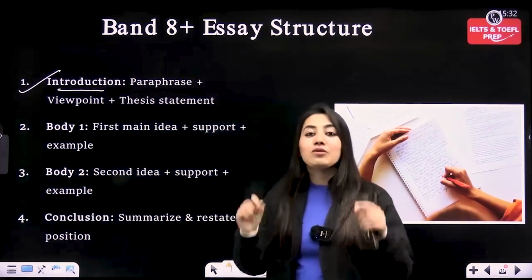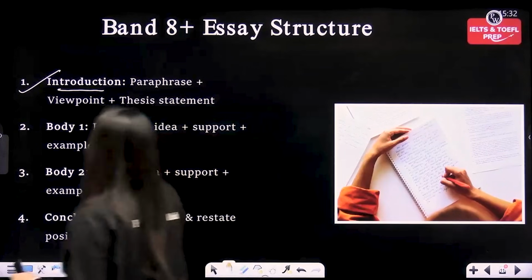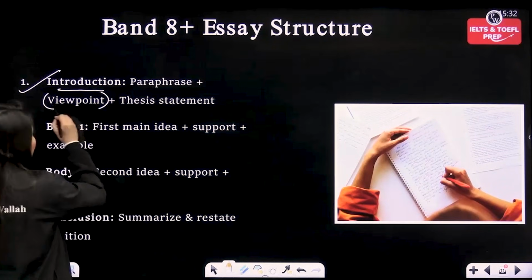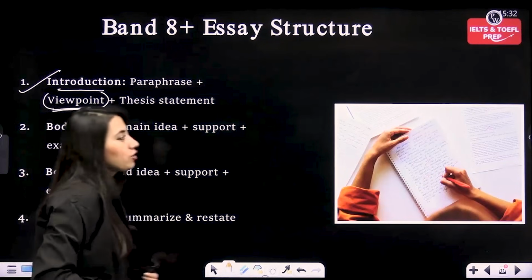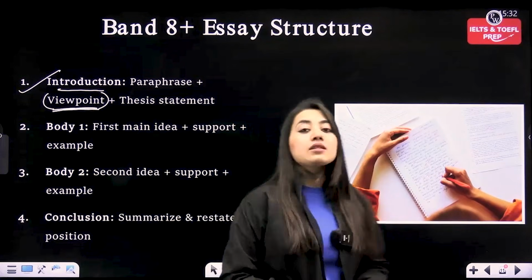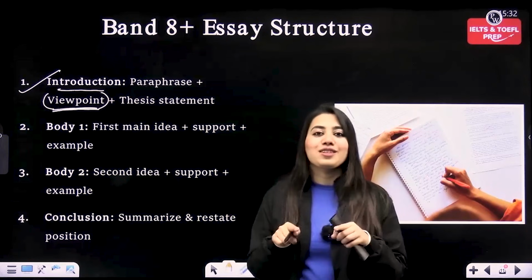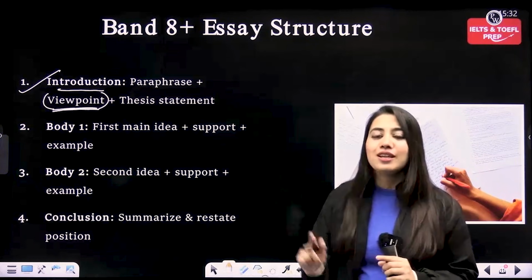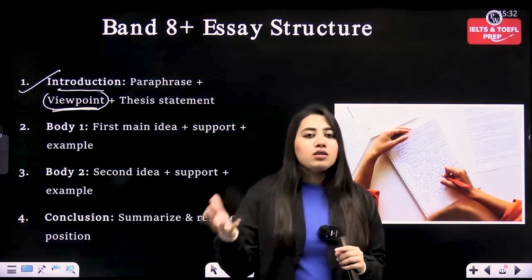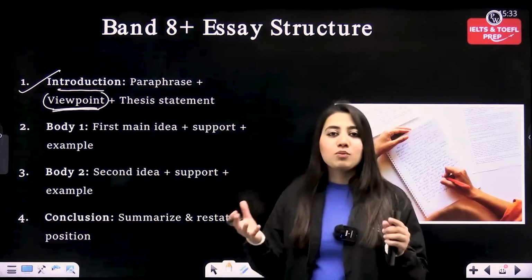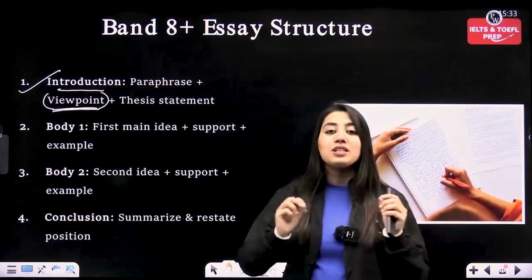What are they? We'll have to express our viewpoint. When I say viewpoint, it depends actually. Let's suppose you have got it as agree or disagree. So "or" is there in between. Because of this "or" mentioned, you have to take a single side. On the contrary, if "or" is not mentioned but "and" is mentioned, that means both.